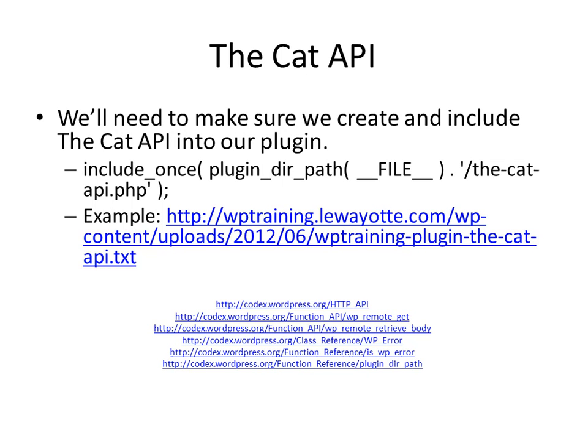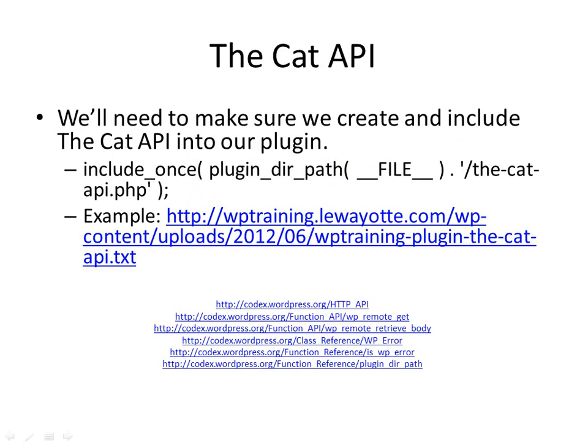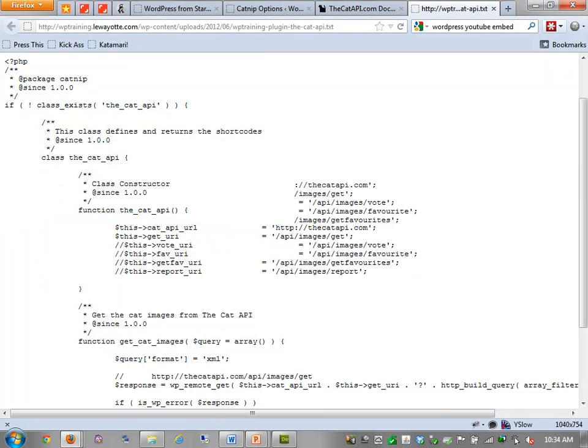All right. So we need to write a little cat API for our plugin so we can actually use the cat API, and then we need to include it. Let's look, I wrote one. The cat API does several things. You can get an image, vote on an image, favorite an image, get the favorites, and report.